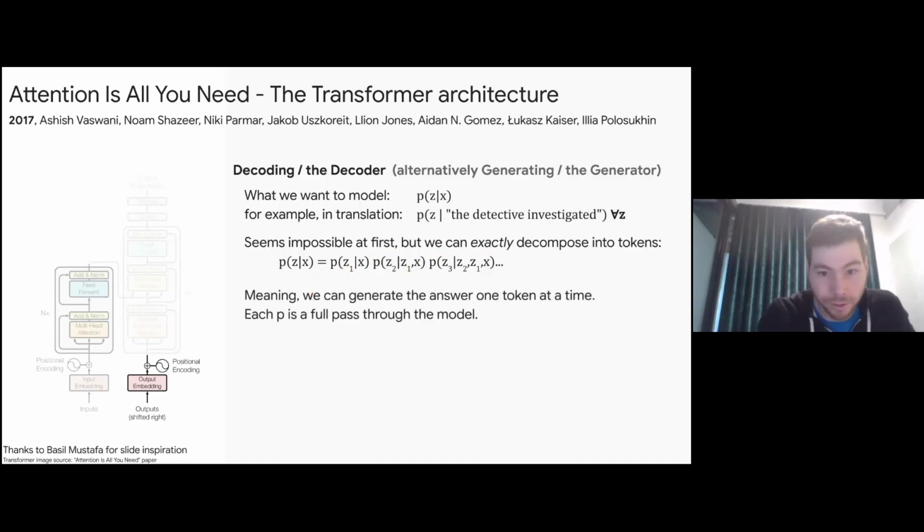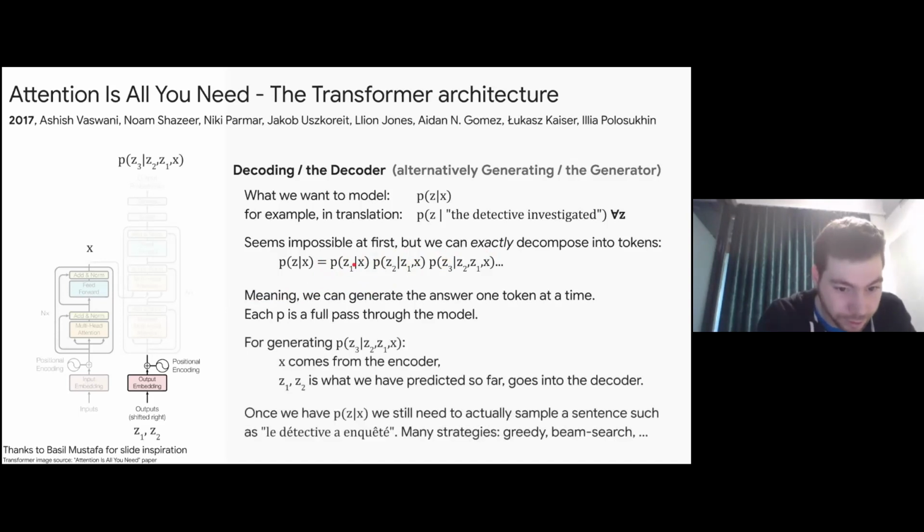What does this mean regarding our model? Each P is a full pass through the model, a full pass through the decoder, where given is X, which is what comes from the encoder, our translated English sentence, and what have we generated so far?